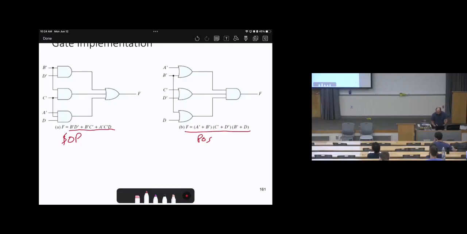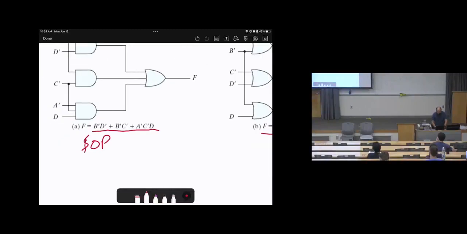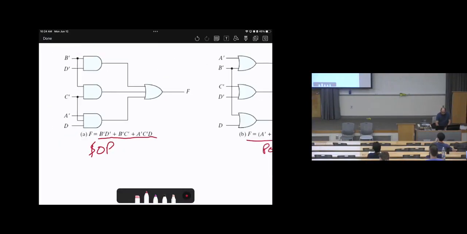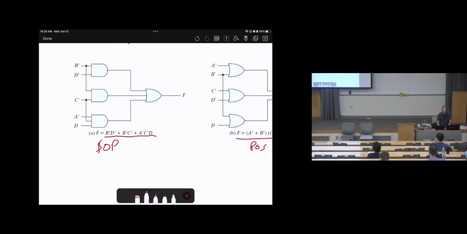So for the logic circuit, when you get this function like B D bar plus B bar C bar plus A bar C bar D bar, we should be aware that each term is basically an AND gate. Then we will put them all in an OR. So in sum of products, each term is an AND gate.